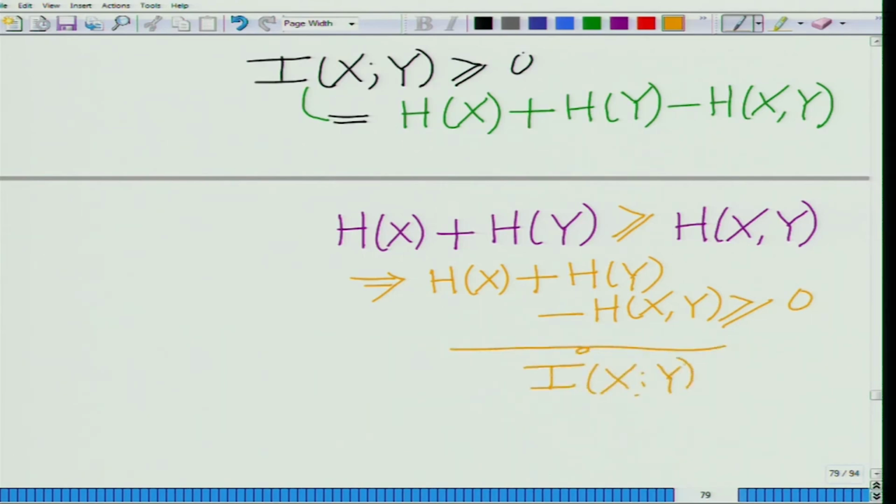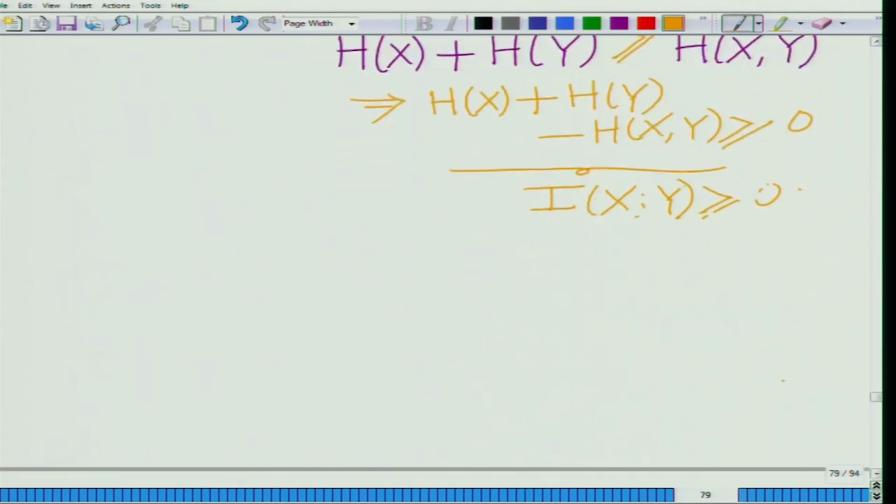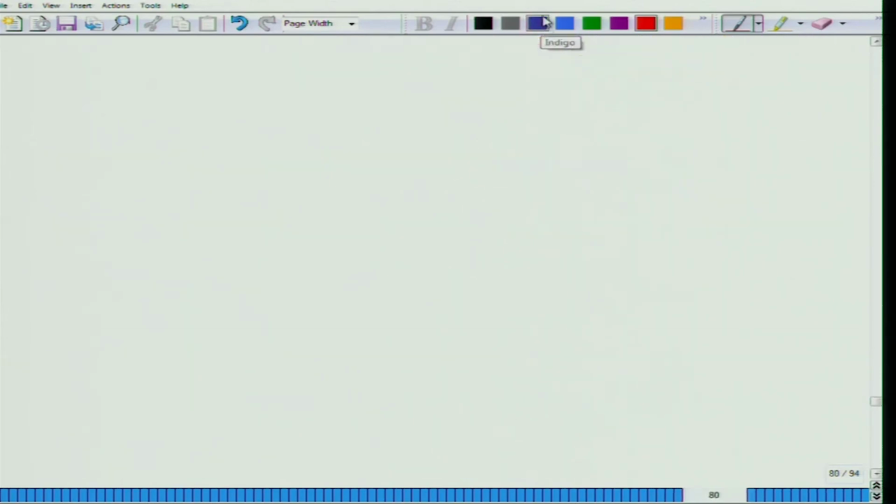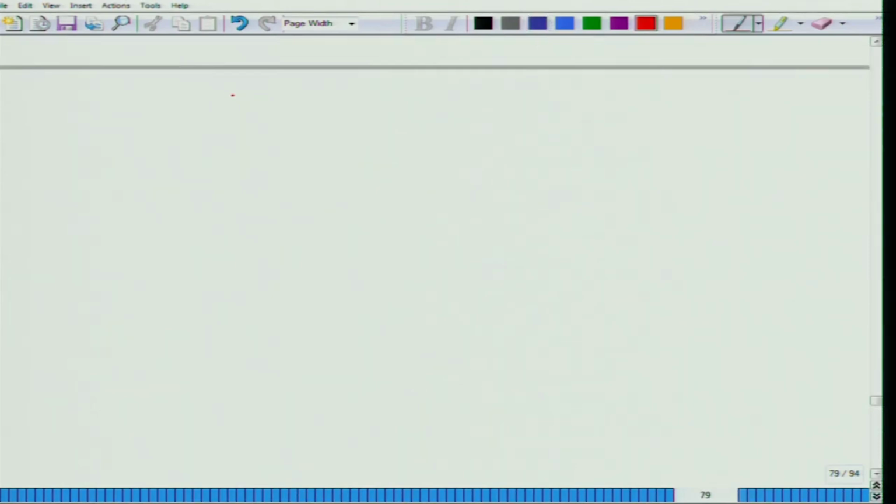Mutual information between X and Y is greater than or equal to 0. Okay. And we can have a pictorial representation of the mutual information. This is often convenient. So, let us draw a diagram.